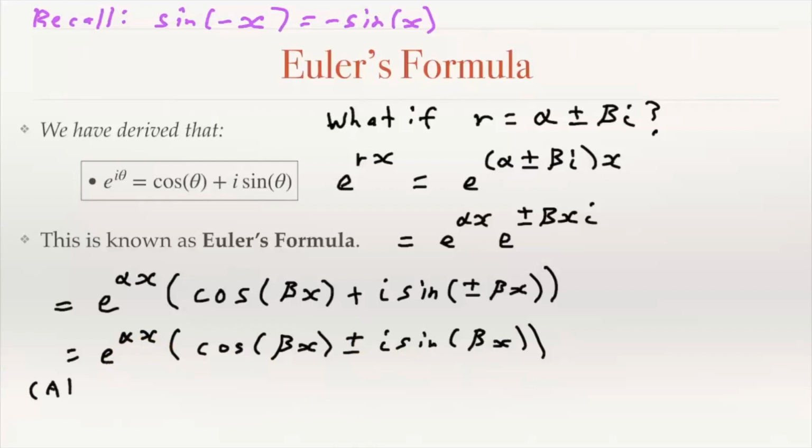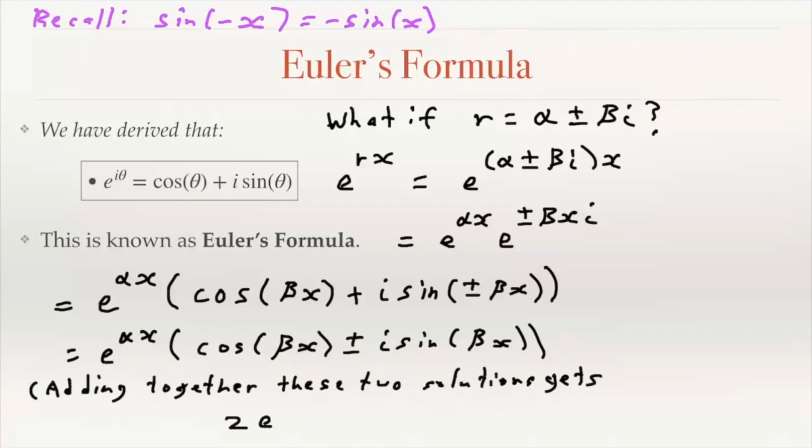So for example, adding together these two solutions would get 2 e to the alpha x cosine beta x. But we don't care about that scalar multiple in front because we just want a solution.